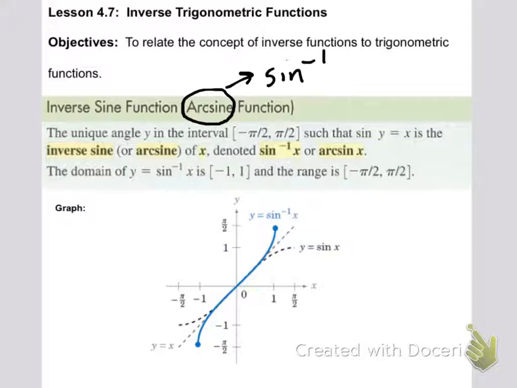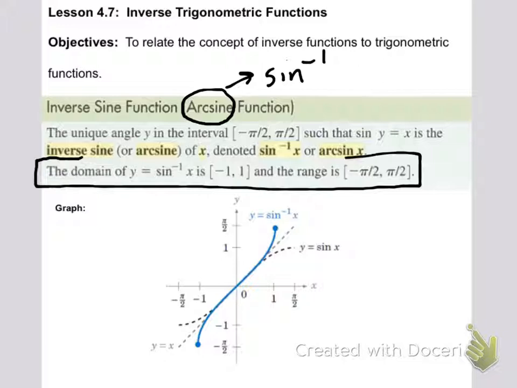So, it says here the unique angle y in the interval from negative pi over 2 to pi over 2 such that y is the inverse sine of x. Now this is very important. We're not going to really graph these, but knowing what the domain and range are is very important.